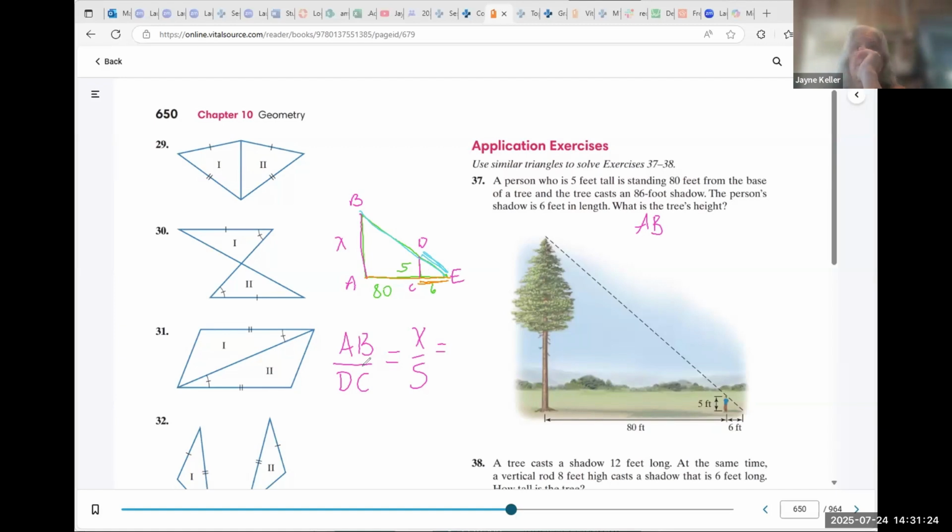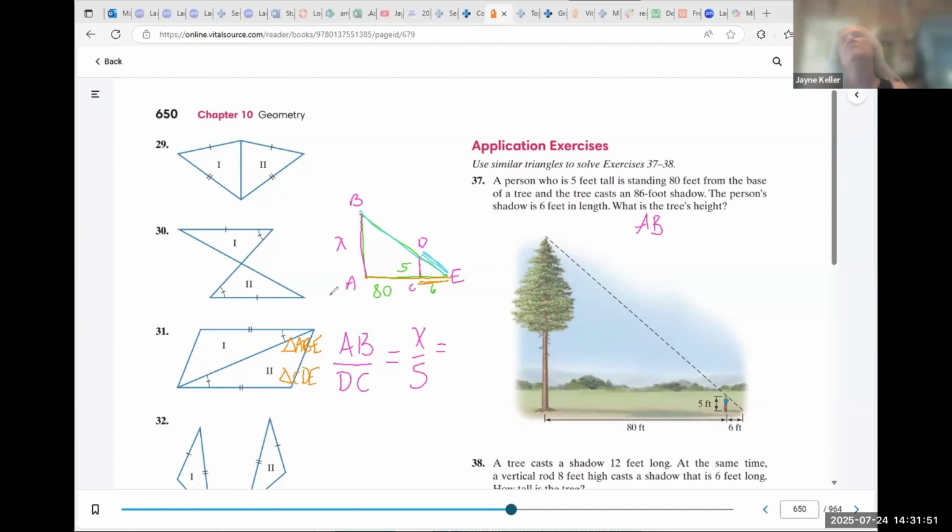In my numerator, I'm going to have my bigger triangle, so a side from ABE, the big triangle. And in my denominator, I want a side from CDE.